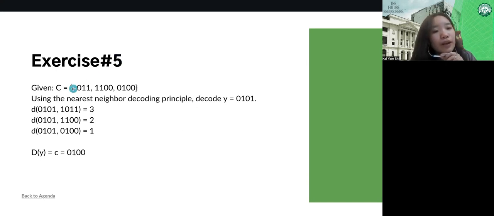So we compare this received message to the first code word, then the second code word, and the last code word. We got these distances by comparing, 2, 3, and 1. Since the last one has the minimum, the shortest, the nearest distance, the original message will be 0100.